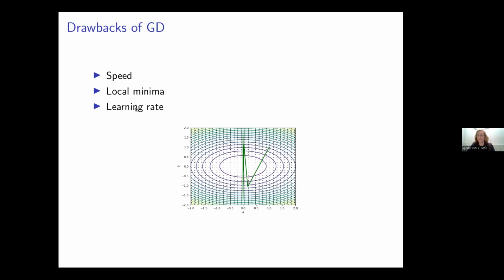Also, if you're in some suboptimal local minimum, then a small learning rate will decrease your chances of getting out of that local minimum to find new, better local minima.